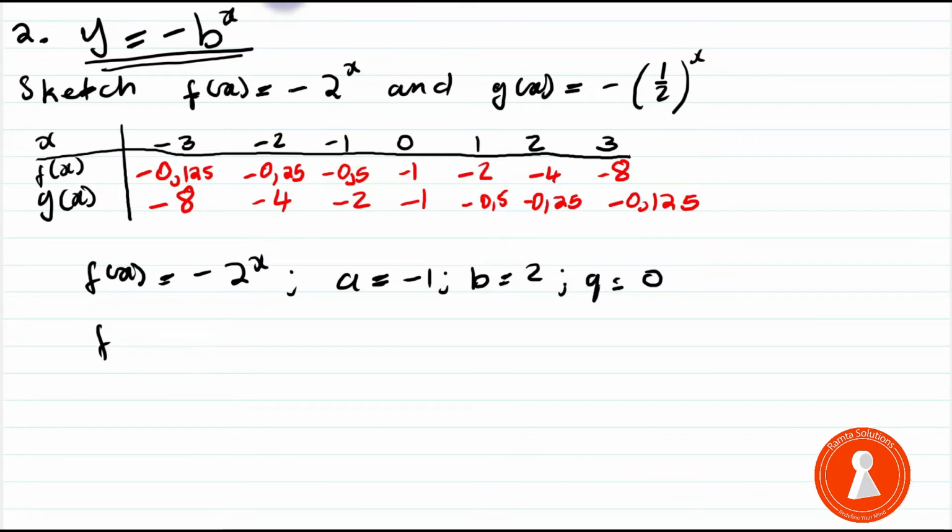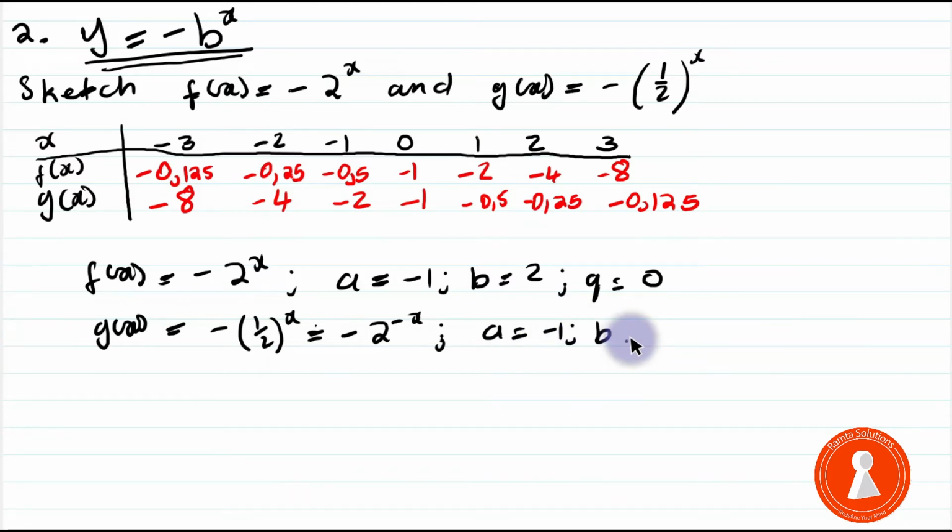G of x is -½ to the x. Remember, I said you can also write this as 2 to the minus x. So a here is -1, b is half, and q is 0.